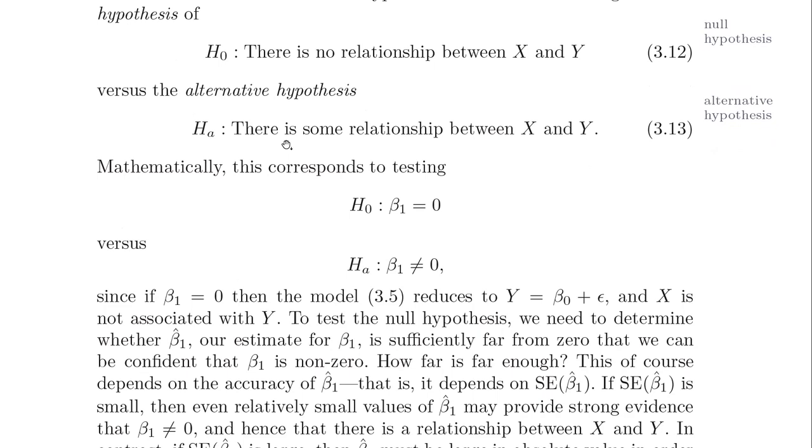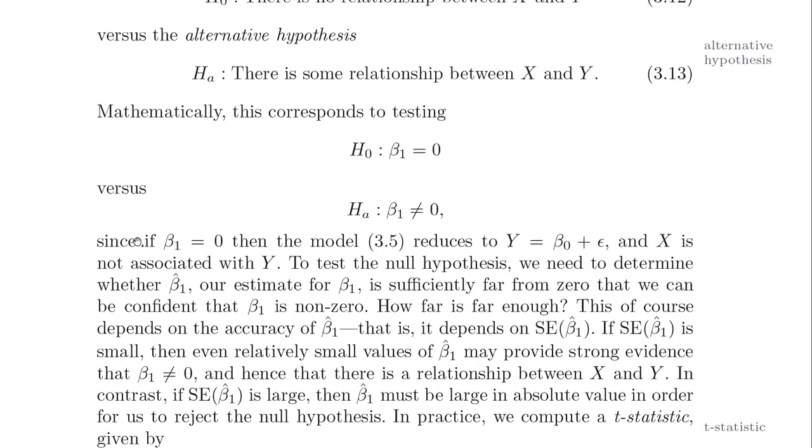Oh, A for alternative, well, clearly. So why? That's what we said, right? If beta 1 is 0, then the model reduces to y equals beta naught plus epsilon. And notice the disappearance of x. X is not associated with y.